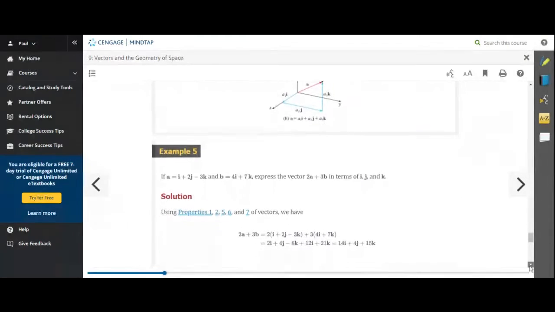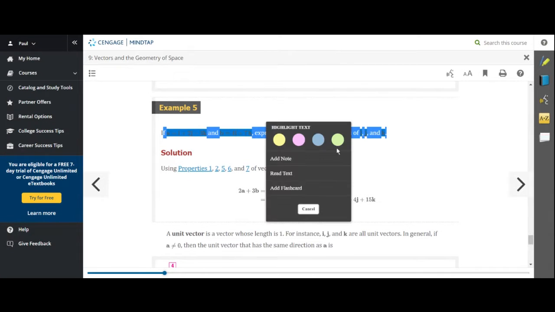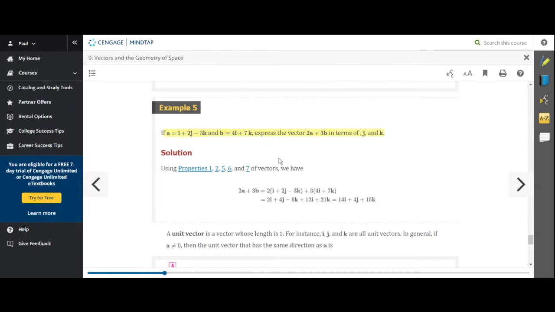So, for instance, in example 5, they say, all right, if the vector a equals i plus 2j minus 3k, and the vector b is 4i plus 7k, express the vector 2a plus 3b in terms of i, j, and k.